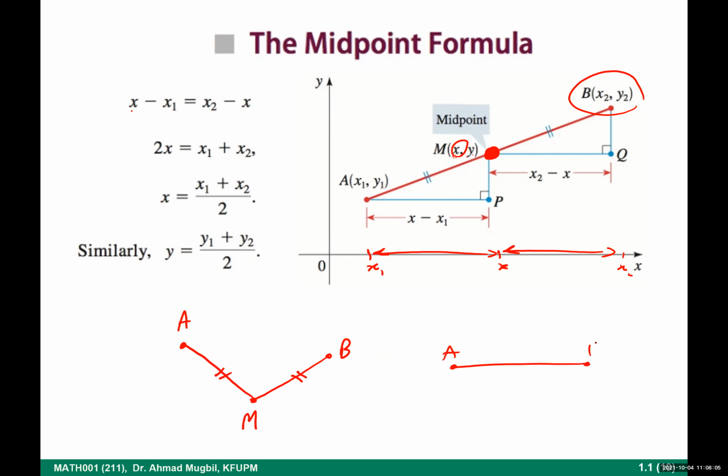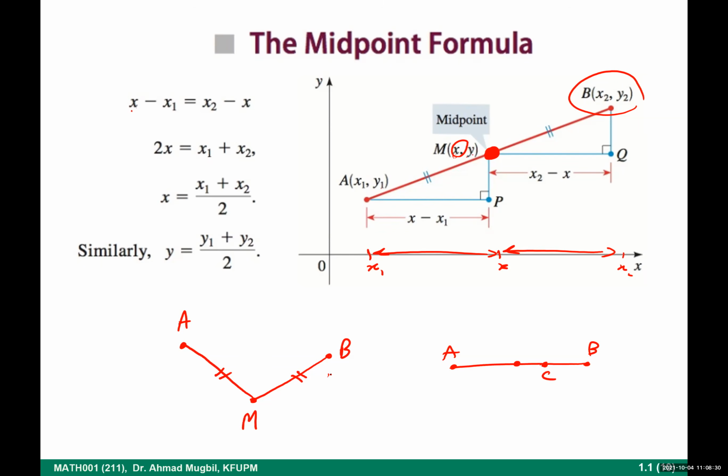So if I have A here and B here, and I have a point C here, is this a midpoint? Aha, so the midpoint is what? It is a point halfway between A and B, between these 2 points. What is the distance between A and B?